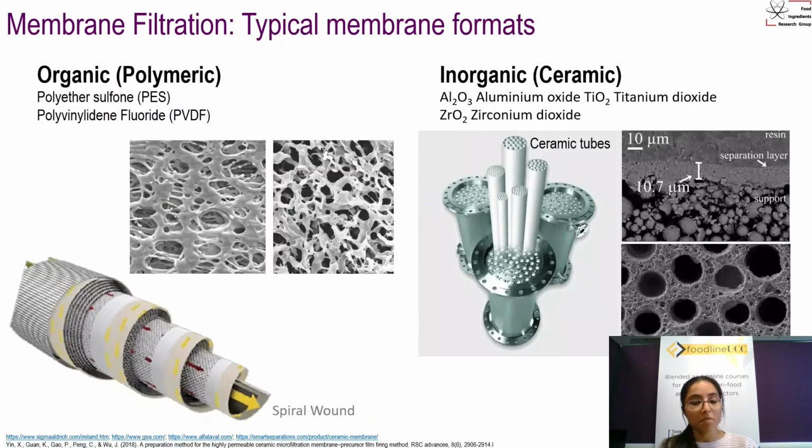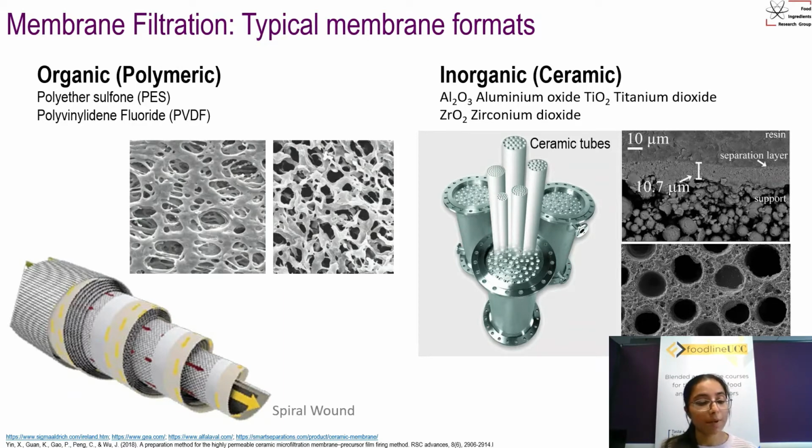Two major formats of membranes applied in the dairy industry are, first, organic, which are polymeric membranes like polyether sulfone, and they are largely used in the form of spiral wounds. And the second is inorganic membranes, that are ceramics, and they are mostly in tubular formats.